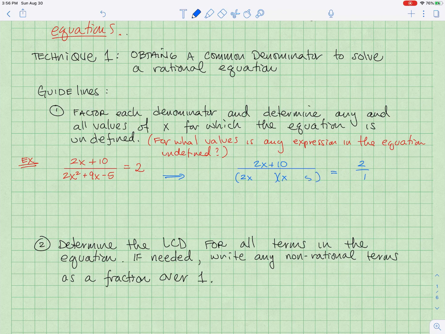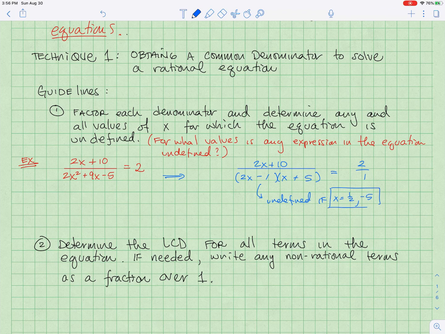And let's see, a positive 5 will give me a middle term of 10 minus 1 more x will give me 9. That seems right. And so, no matter what, this is undefined if x equals 1/2 or negative 5.